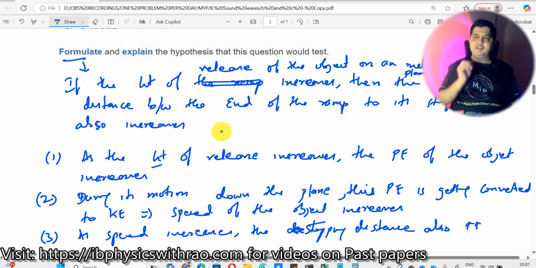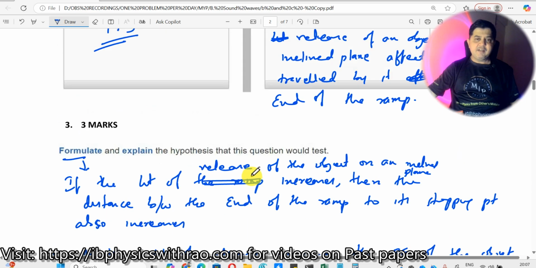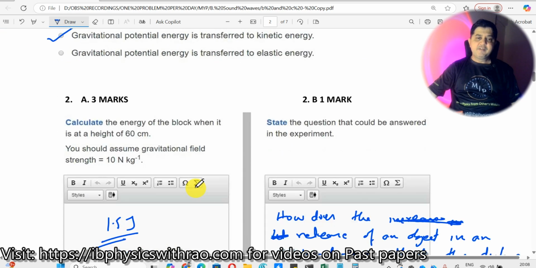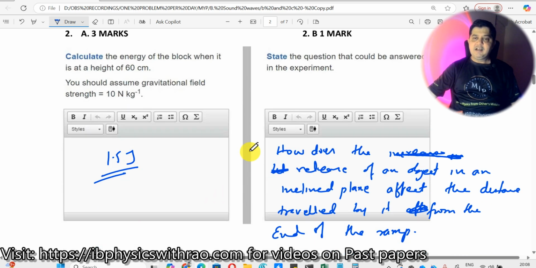Now, how did I understand how much to write here? They asked me this question. See, this you have already answered. Where? In your criterion A, you have already answered: how does the energy transfer take place? I already put it across. I took the first point from here. The second point I calculated from here, which means the potential energy was much higher. And the third point here.